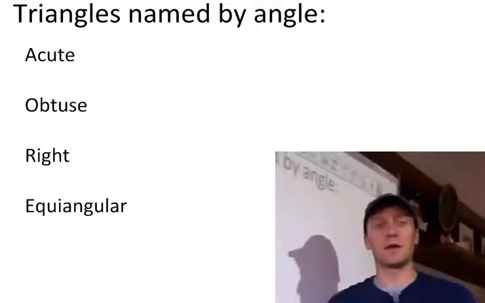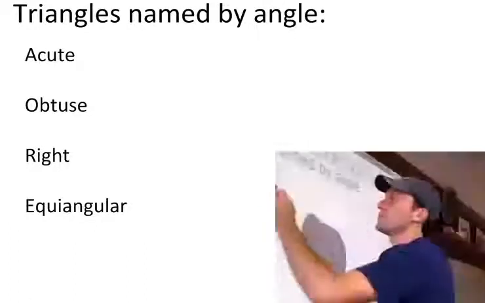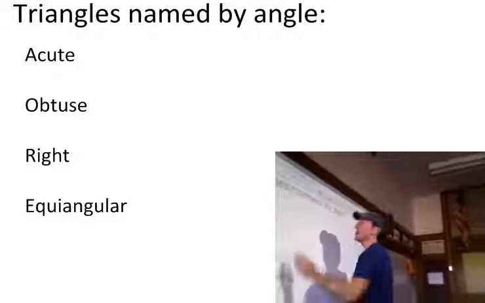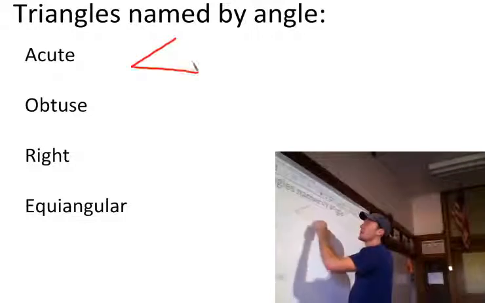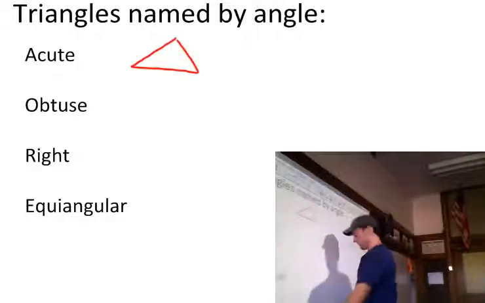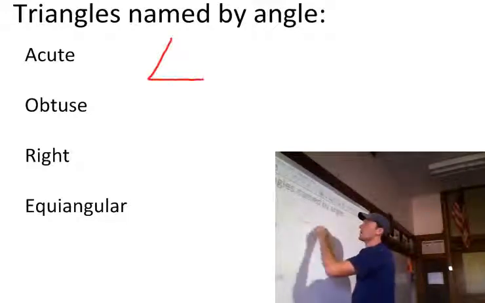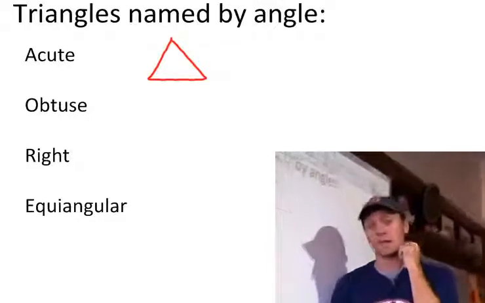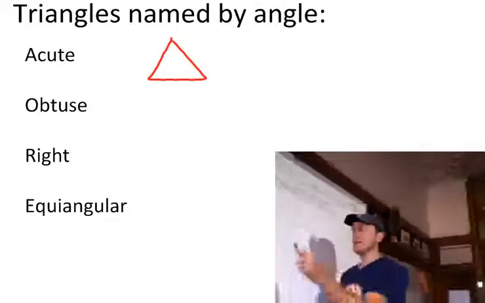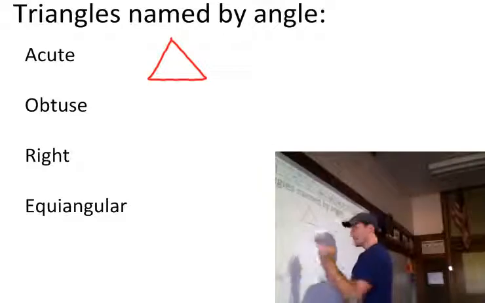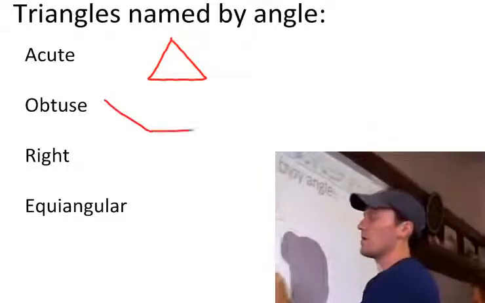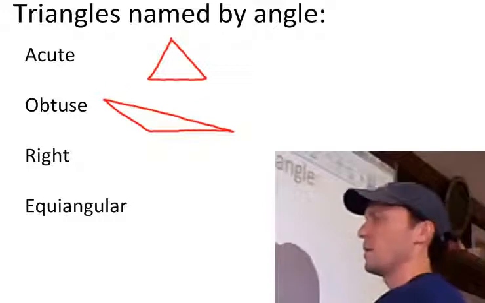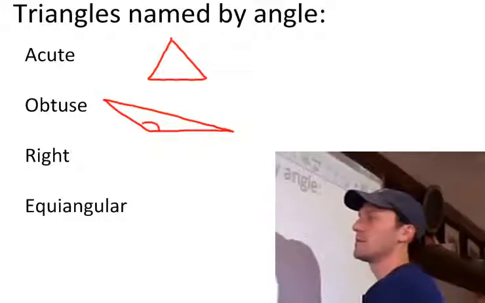When you name triangles by their angles, you're talking about the angles. An acute triangle. That looks acute. All the angles are acute, so all the angles are less than 90. In an obtuse triangle, you've got one big obtuse angle.